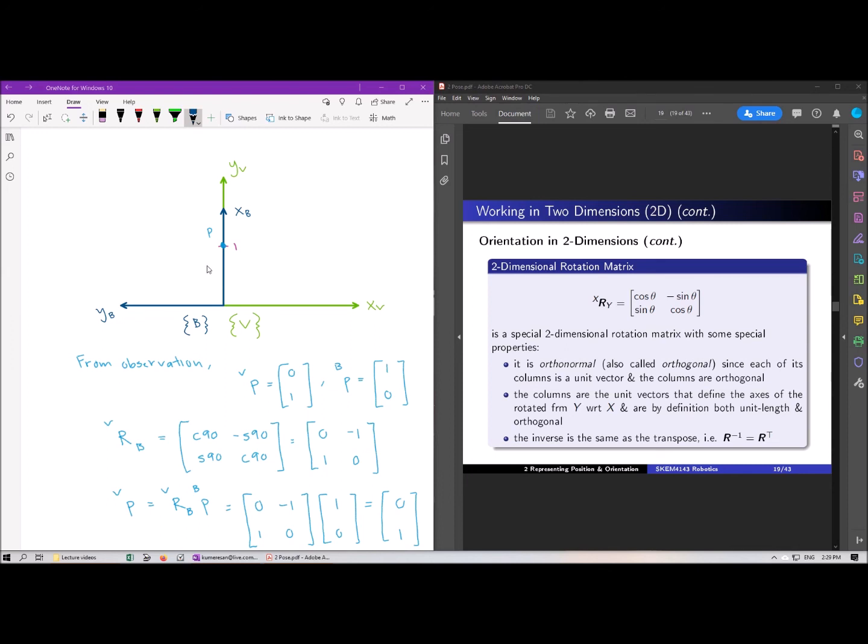If it has been rotated clockwise, it has to be minus 90 degrees. So there's a perfect explanation why the direction is such, as we will see in the 3-dimension case later. So theta is 90 degrees because we have rotated B from V this way. So cos 90 is 0, sine 90 is 1, therefore it's minus 1, 1, and again it's 0 here.